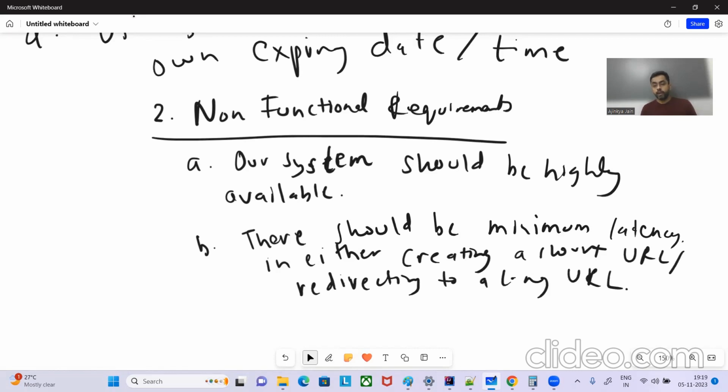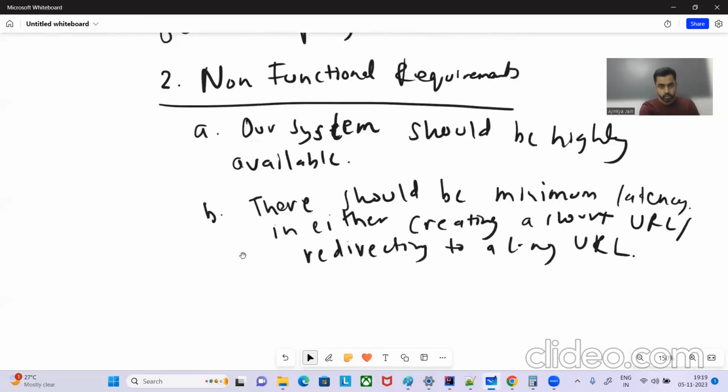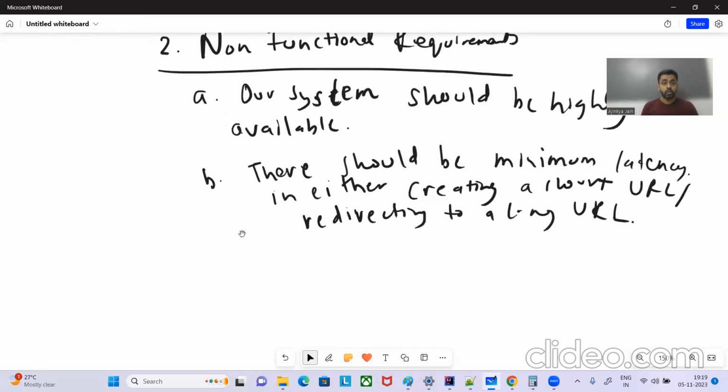Our service should be quick enough to return a short URL to the user or to redirect to the original URL. These are also main requirements of our system. If this is not available, then the user experience would be very bad. That is why we should keep in mind that a system should adhere to these requirements.